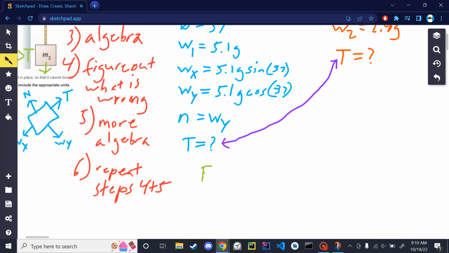So the sum of forces in the x direction. That is not the notation. Oh my gosh. Sum of forces in the x direction, which is equal to, I'm assuming positive is this way, so it would be tension minus Wx.